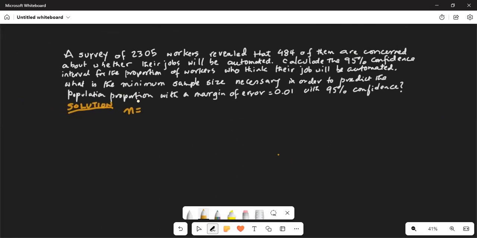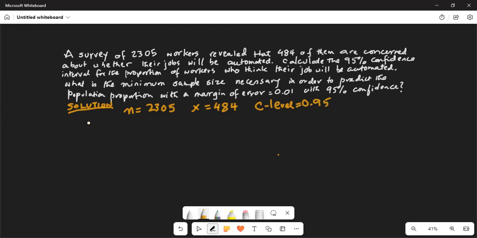N is 2305 sample size. And number of successes, that is 484 out of 2305 think their job will be automated. So C level is 0.95.